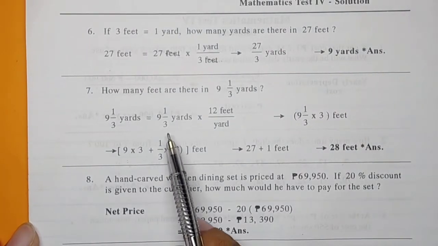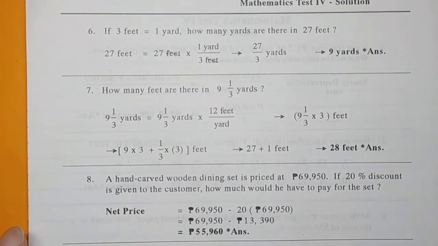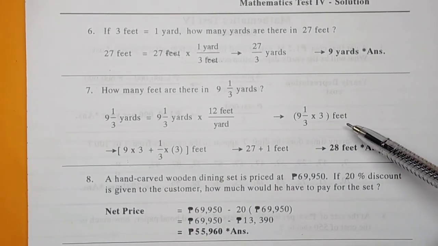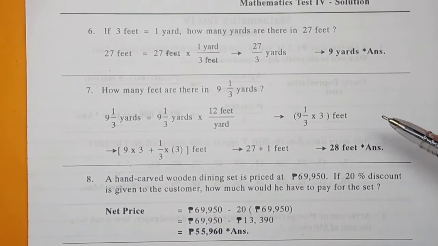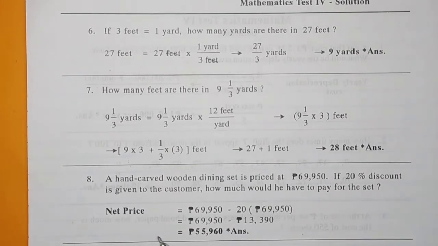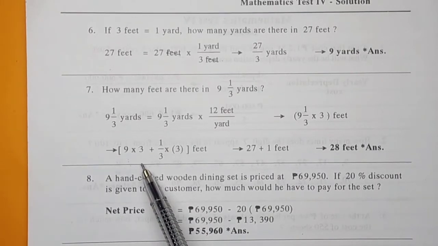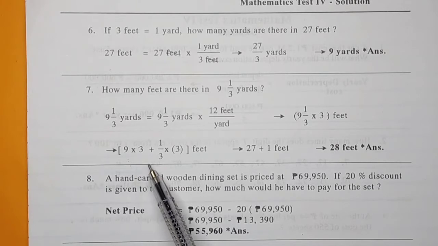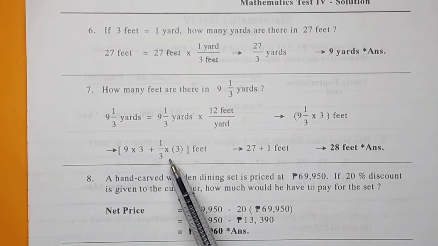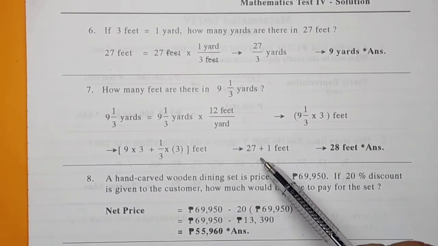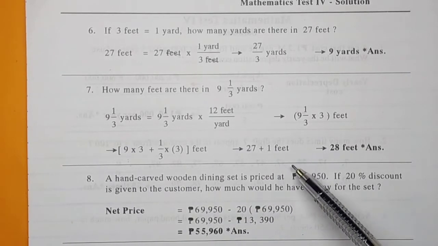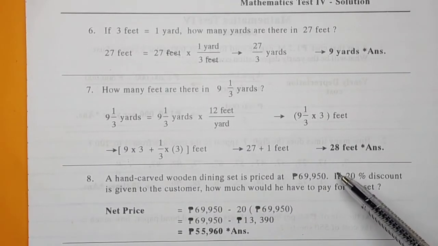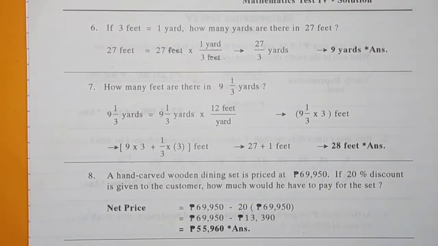So the result here is 9 and 1/3 times 3 feet. Okay, so the result is 9 times 3 plus 1/3 times 3 feet equals 27 plus 1 feet. Therefore the answer is 28 feet.